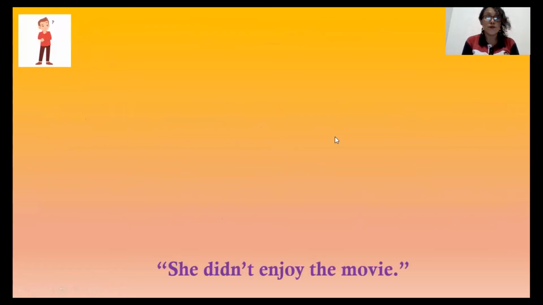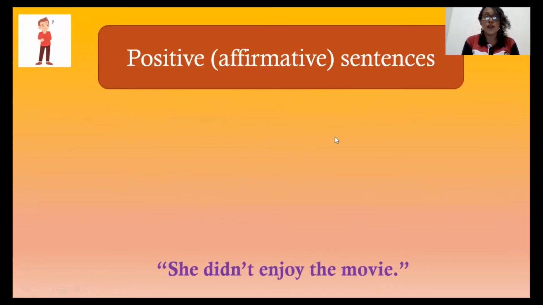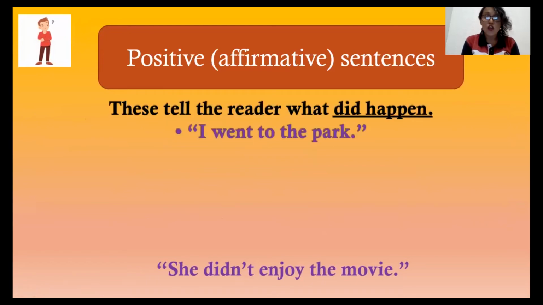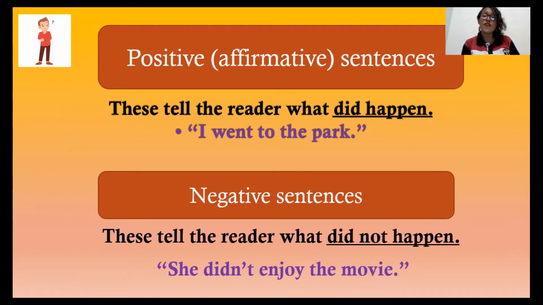Now, we continue with the structure. Here we are going to see positive and negative sentences. Positive or affirmative sentences are when we tell what did happen, okay? What did happen? For example, I went to the park. And in negative, when we say what didn't happen. Example, she didn't enjoy the movie.